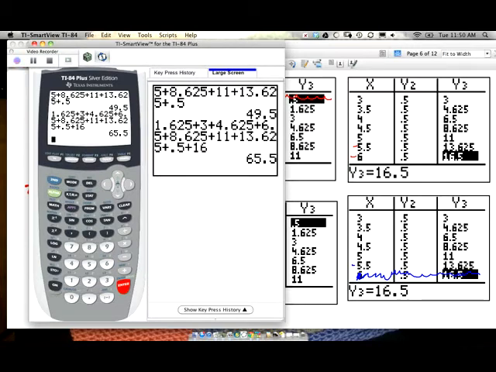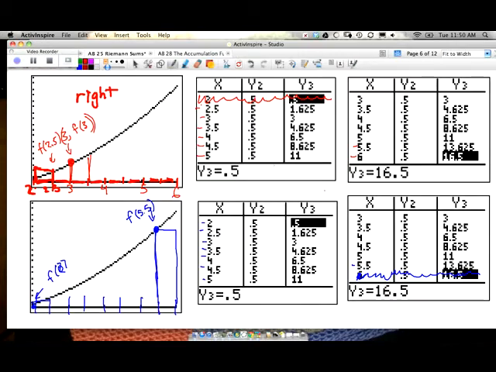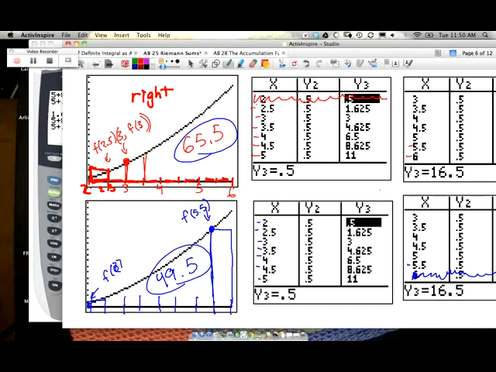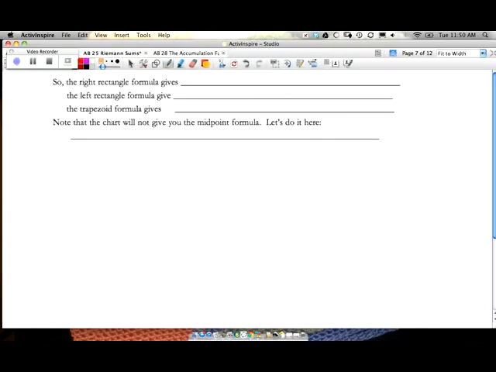Okay, 65.5. So we have 65.5 and 49.5. So up here in the red, the total is 65.5. And down here for the blue, it's going to be 49.5. So those are our two areas.